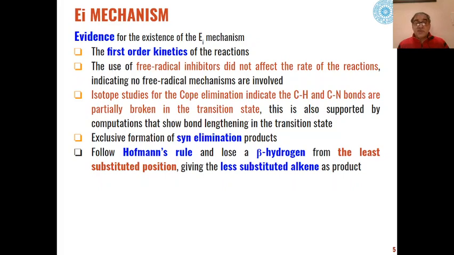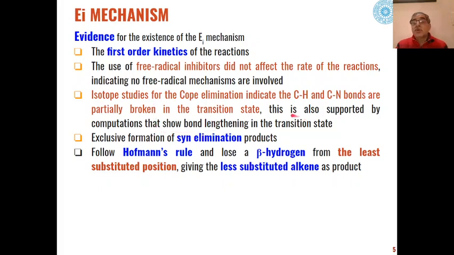Then in the Cope elimination, which is a pericyclic reaction, isotopic studies showed that the CH bond and CN bond are partially broken in the transition state. This has been studied through isotopic reaction mechanism studies.